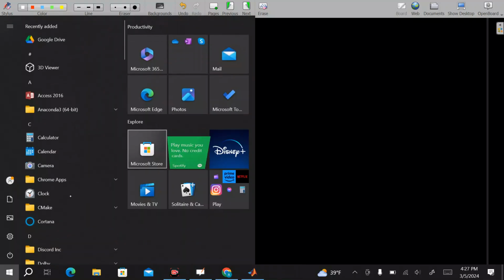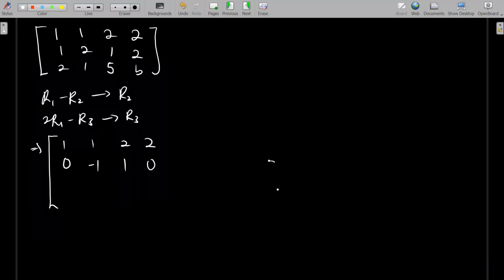For the other row, I'm going to have 0 here, 2 times row 1 minus that, so 1 here, negative 1 here, and 4 minus b.